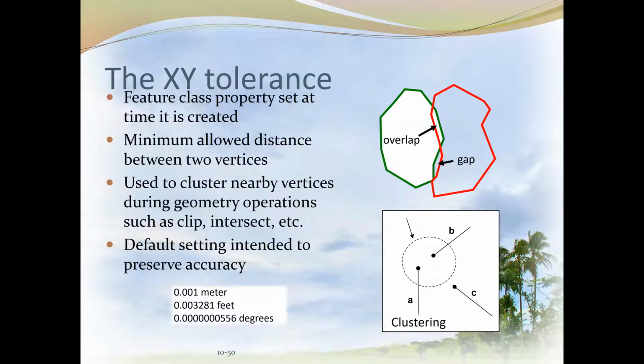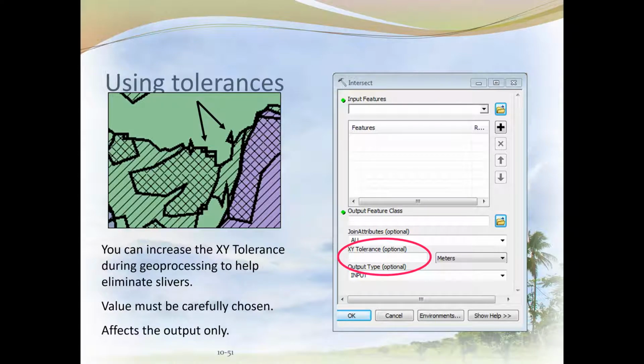Caution should be used in setting tolerances that are large enough to correct slivers without shifting other vertices an unacceptable amount. It may also be remembered that outputs from an overlay that uses a tolerance generally have a lower geometric accuracy than the original layers.